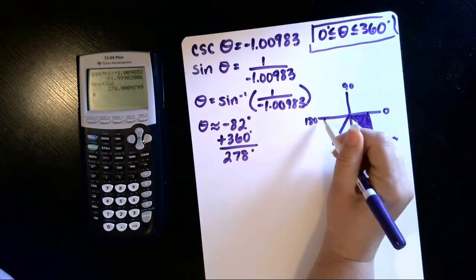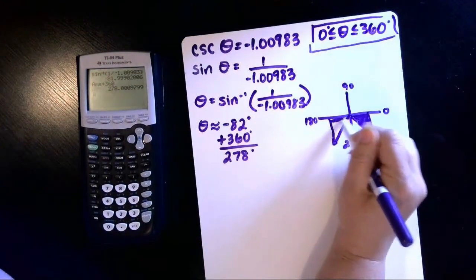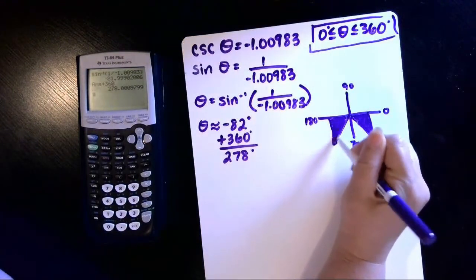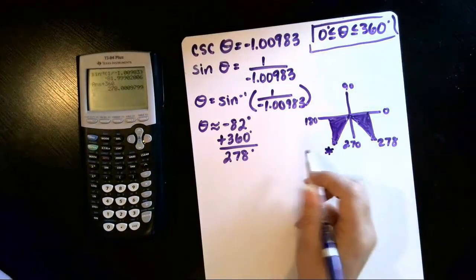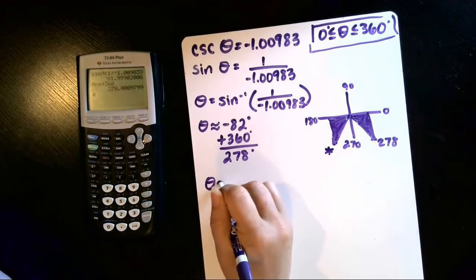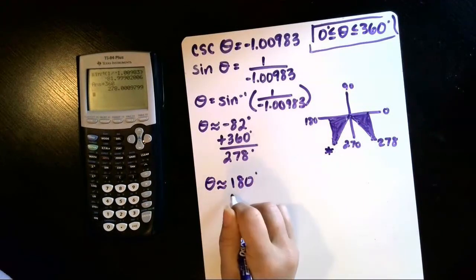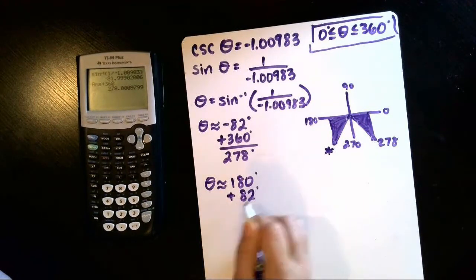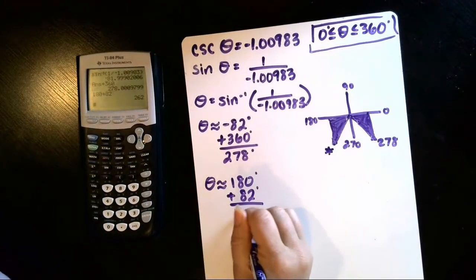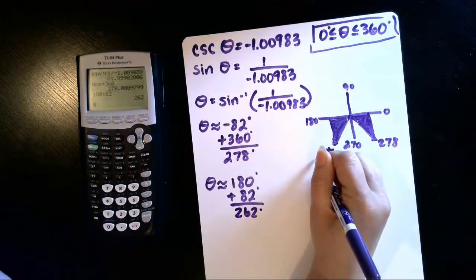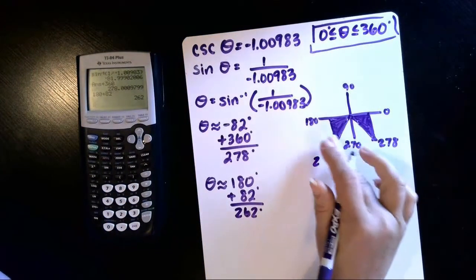So if we go forward from 180, that same reference, which was 82 degrees, that will get us our second answer. So we're going to take 180 degrees and add 82 degrees, our reference angle. So 180 plus 82 is 262 degrees, and that would be our second angle.